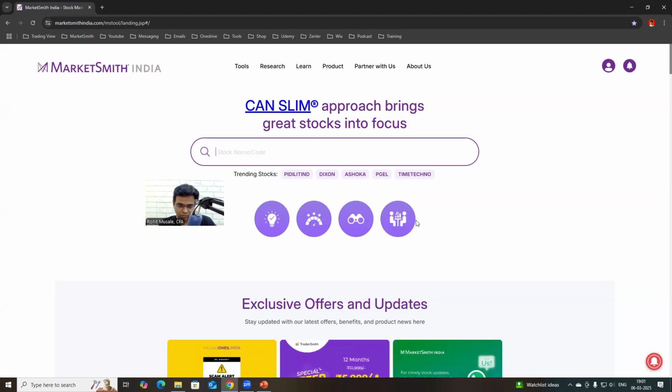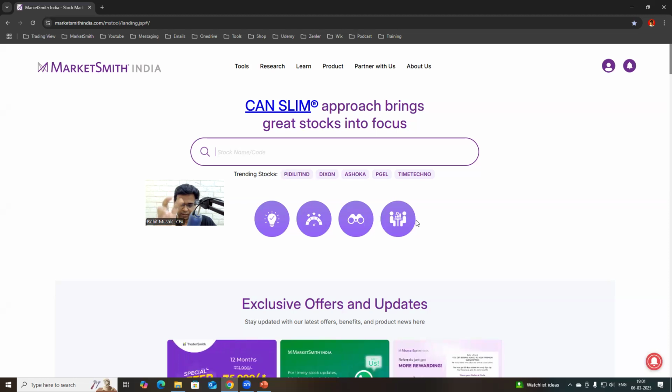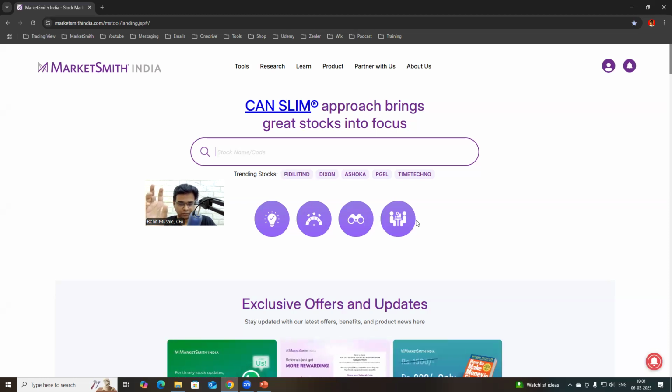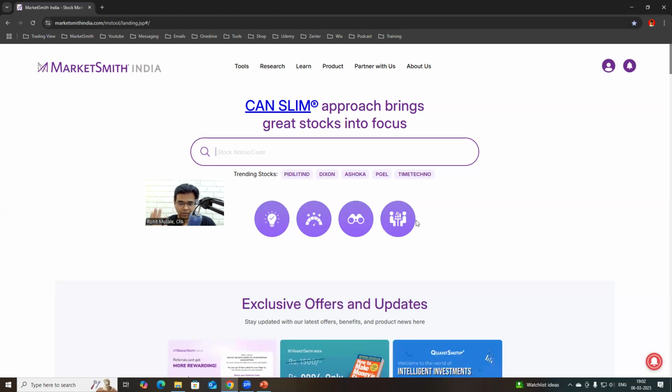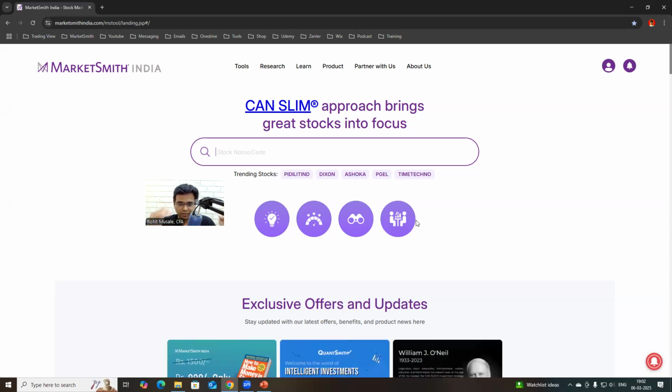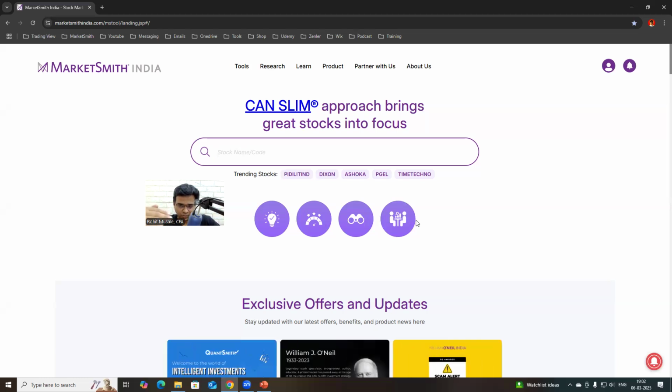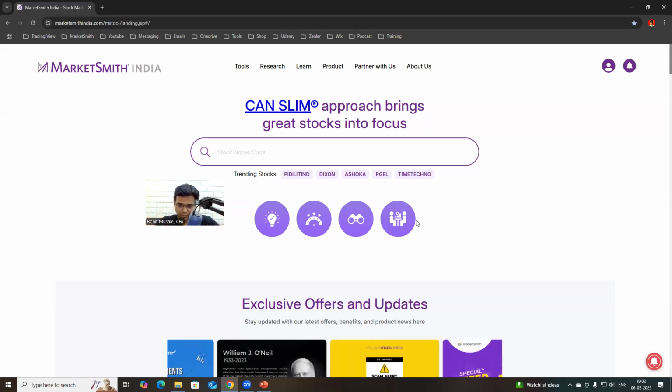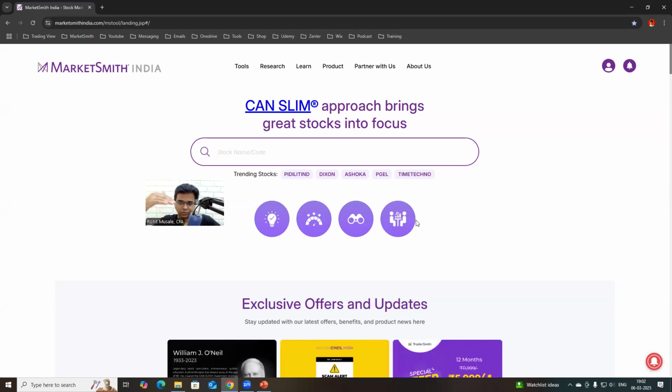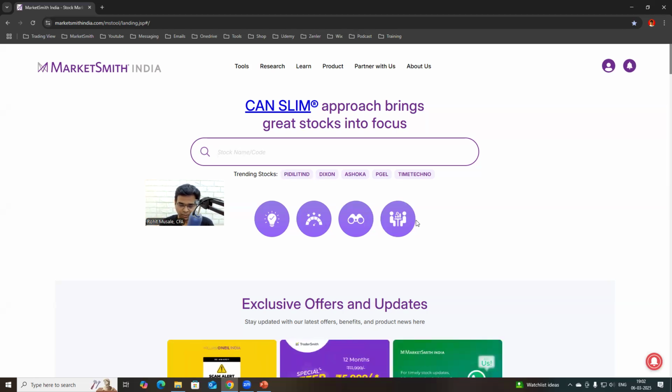I check for stocks which are in stage two confirmed uptrend. I look for stocks that are forming a base within that stage two confirmed uptrend. Once I have done that, once I have the filtered list, and after the filtered list, I have the shortlisted list. So the filtered list might have 20 stocks, shortlisted might have two or three stocks only.